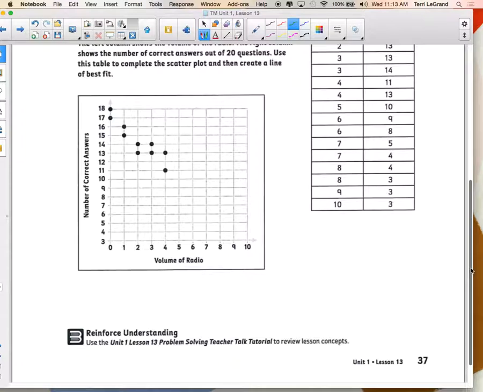So what we're going to do is you're going to take your ruler and play around a little bit and see where you think it would go through about the middle of those points. It might touch some of them, it might not touch all of them, it might not touch any of them. You have to make a decision what looks like a good location for about the middle to draw a line of best fit.